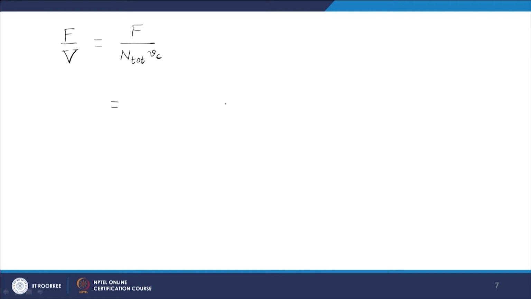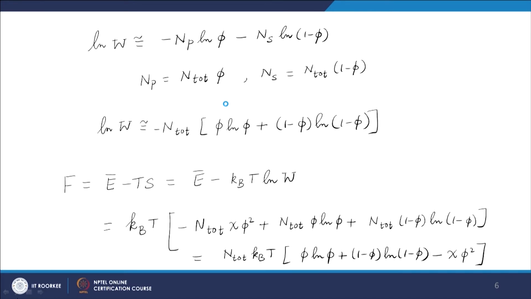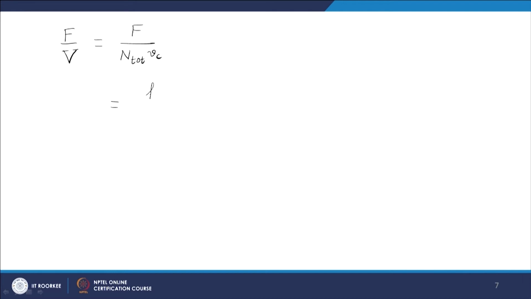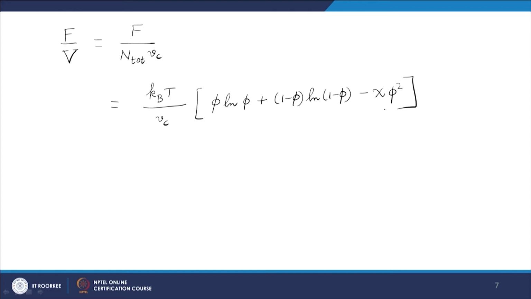So, we have cancellation of n_tot in this expression, and what we get is (kBT/Vc) [phi ln phi + (1 − phi) ln(1 − phi) − chi phi squared]. Okay. So, this is what we have got after we have dropped the linear terms in the energy expression.